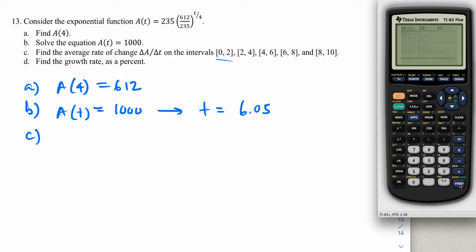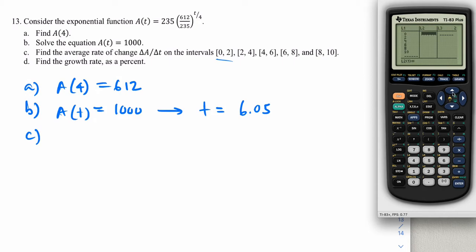Stat, edit, and I'm going to put all of the input values that are involved in those interconnected intervals, 0, 2, 4, 6, 8, and 10. And then I want the output values for each of those inputs.